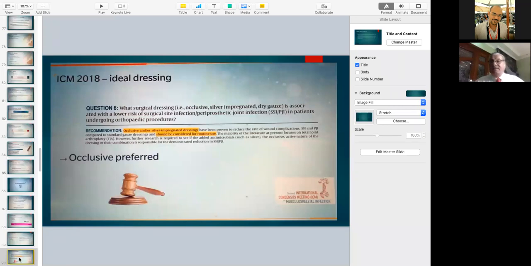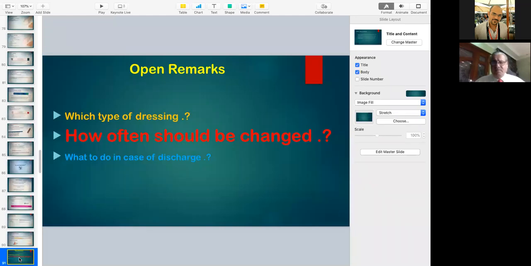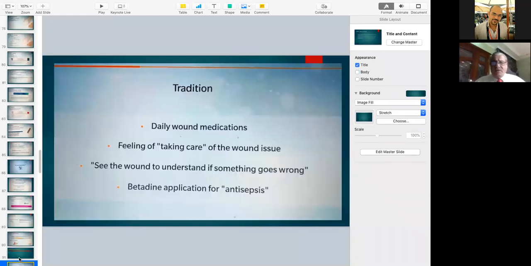The second remark: how often should it be changed? This is very important. With the traditional dressing, we know as surgeons, we were always worried about the wound, coming to the ward on the second day, third day, trying to stay near the wound.